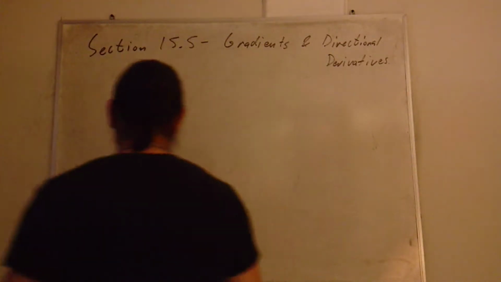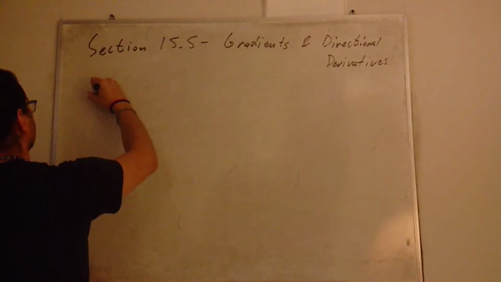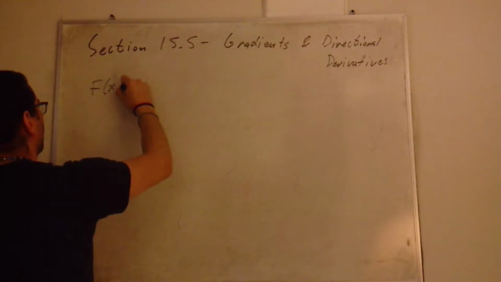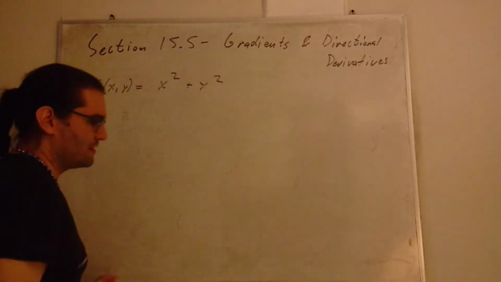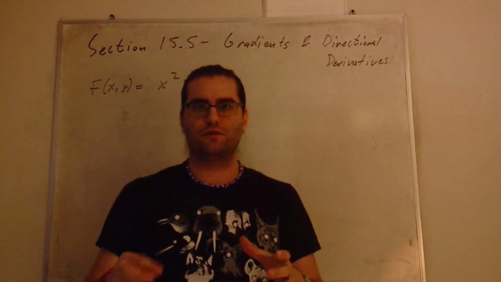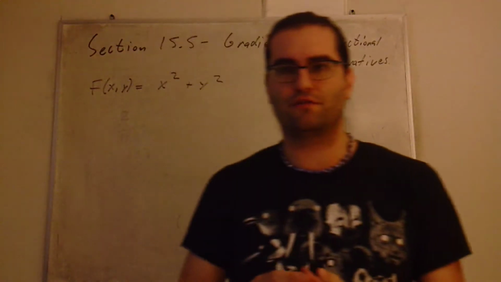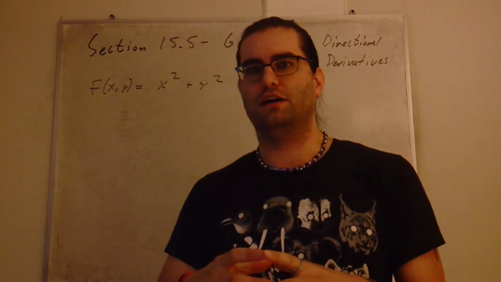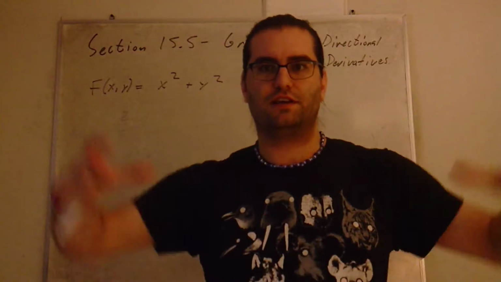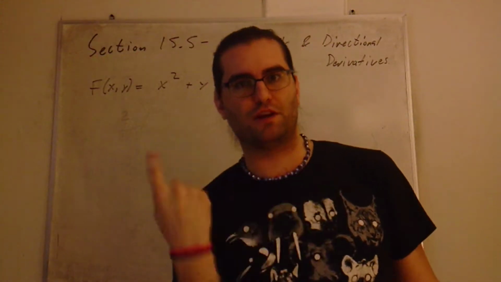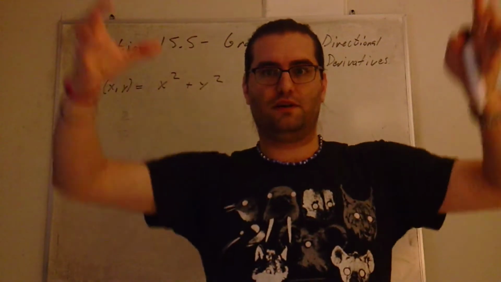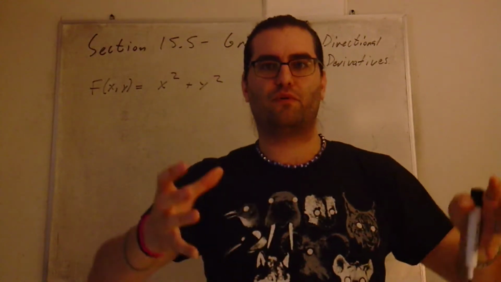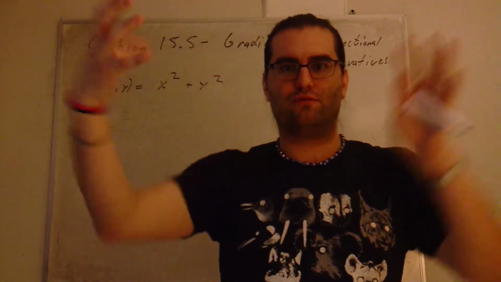So let's start with a pretty simple function. Let's do f of x, y equals x squared plus y squared. This is a paraboloid. Hopefully we remember doing a level curve of this guy. It's like if you take a parabola and spin it around 360 degrees around the y-axis, you get this paraboloid round shape.